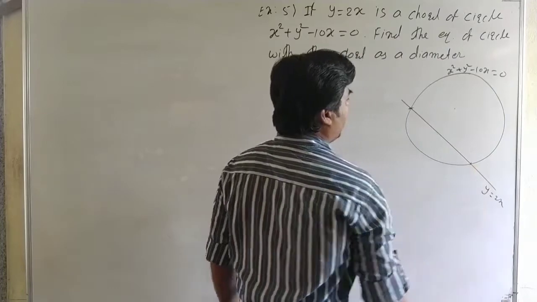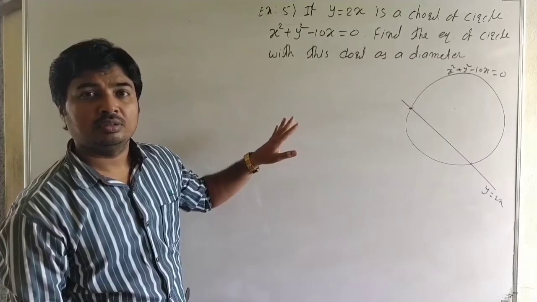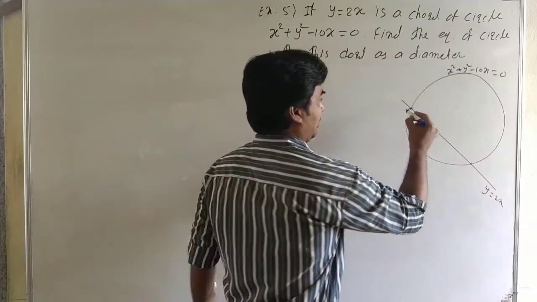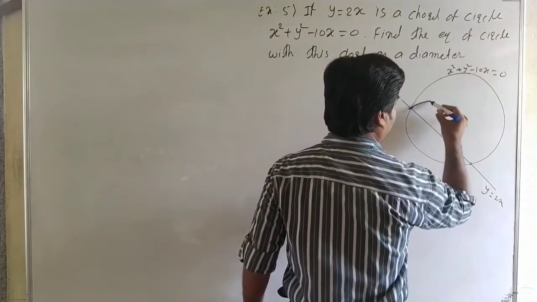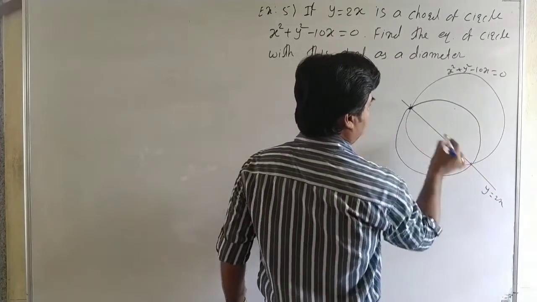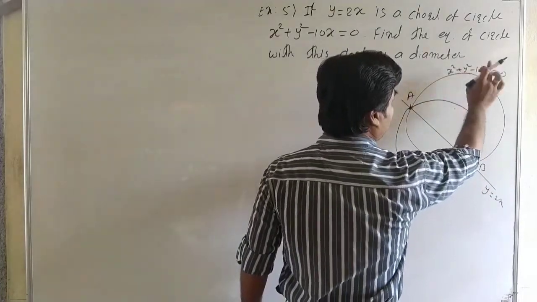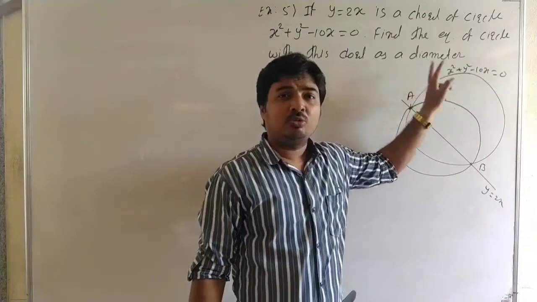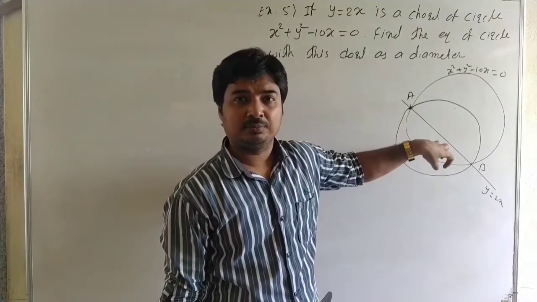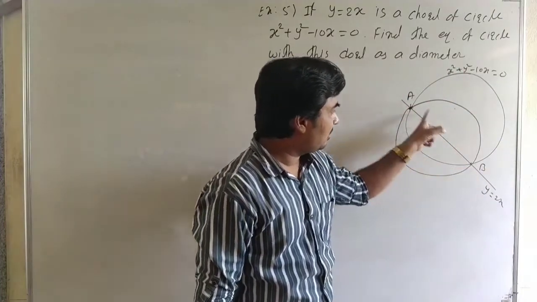Okay. Now we want to find the equation of circle whose chord is a diameter. Here a chord is a diameter of the circle. Suppose it is A and it is B. This chord of the circle x square plus y square minus 10x equal to 0 is a diameter of the required circle.